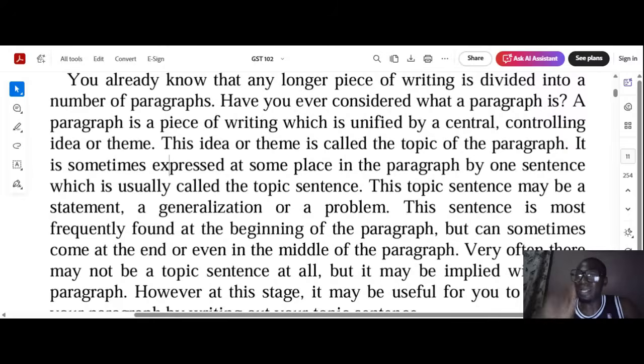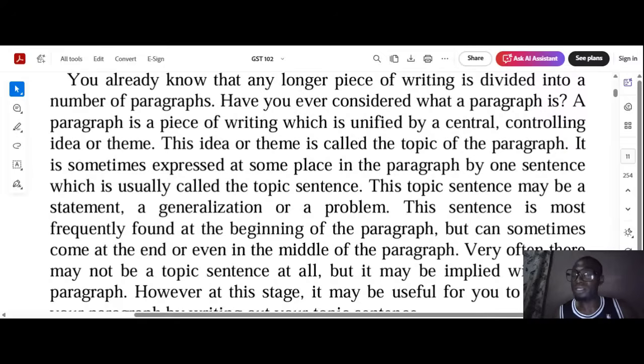But in any case, it will always be that single idea, and every other thing you write in that paragraph will only evolve around it. That is why they said a paragraph is a piece of writing which is unified. That means there is unity in that paragraph.